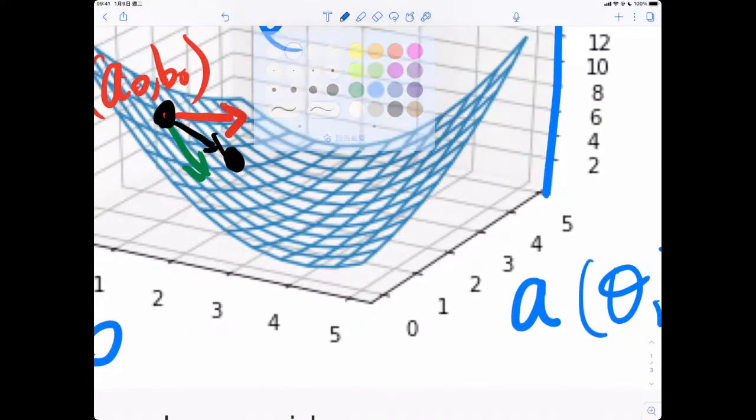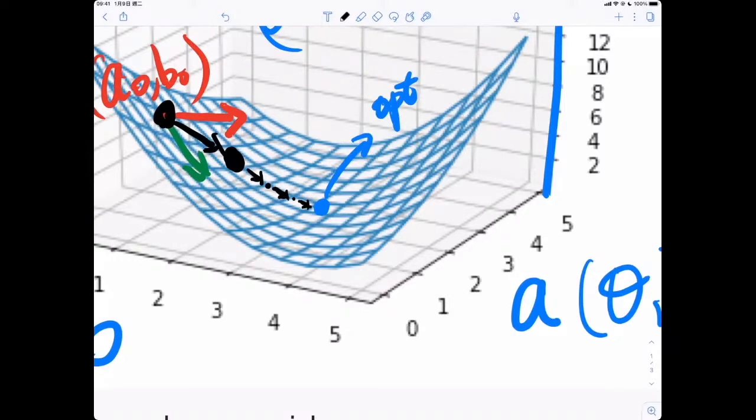For example, the blue one is the optimized one, maybe right here. The black point is like here. You go in this direction to this point, and this direction to this point. For each round, you have a stride, meaning the step size.